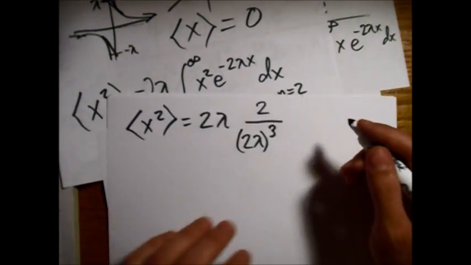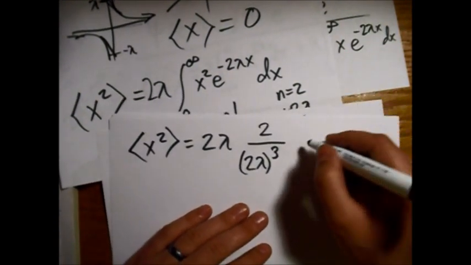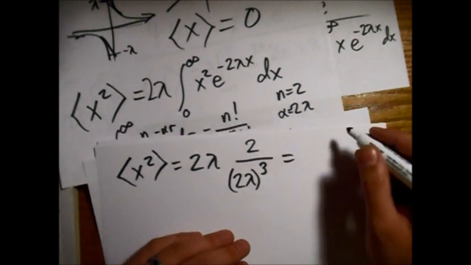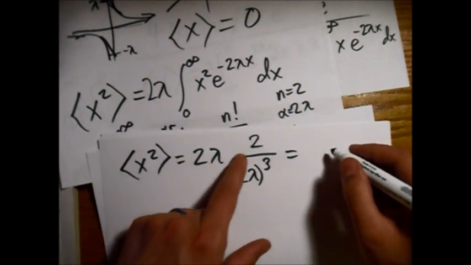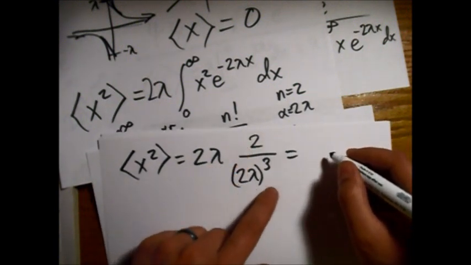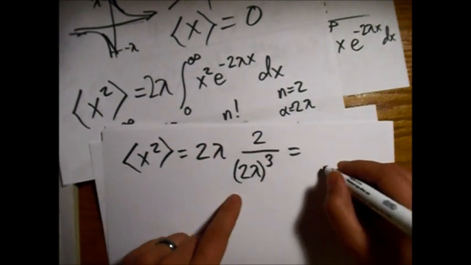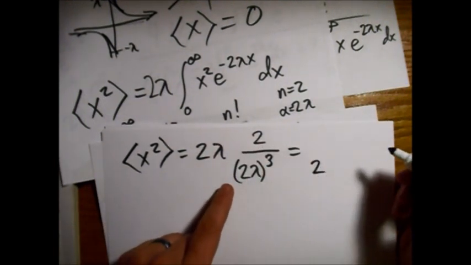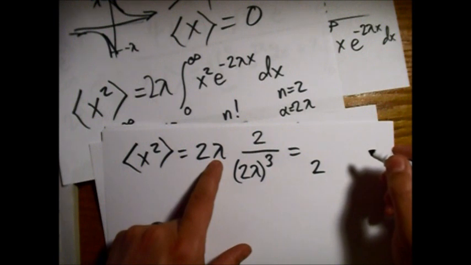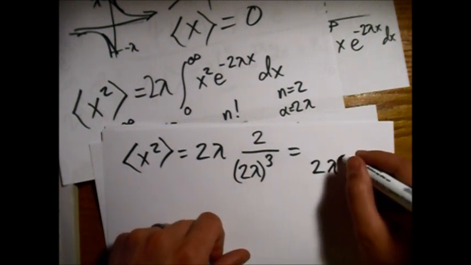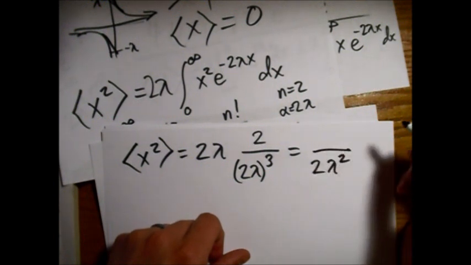So up top we have a 4, anyway, we have 2 powers of 2 on top, 3 on the bottom, so we end up with 1 power of 2 on the bottom. We have 1 power of lambda on top, 3 on the bottom, so we end up with 2 on the bottom.